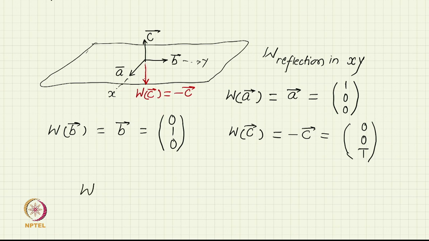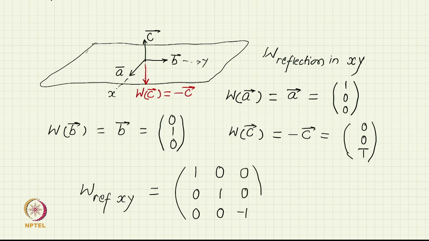So, the reflection W representing the reflection in xy plane will become transformed A, which is 1 0 0, transformed B, which is 0 1 0, and transformed C, which is 0 0 minus 1.